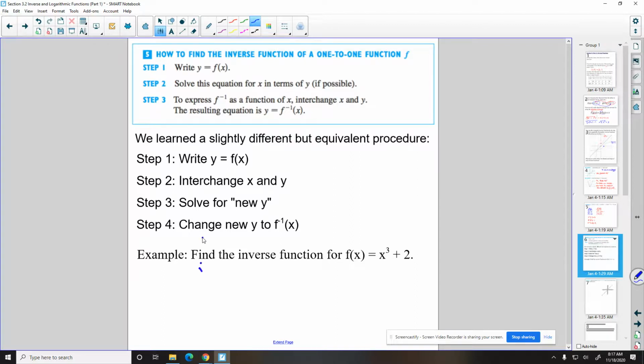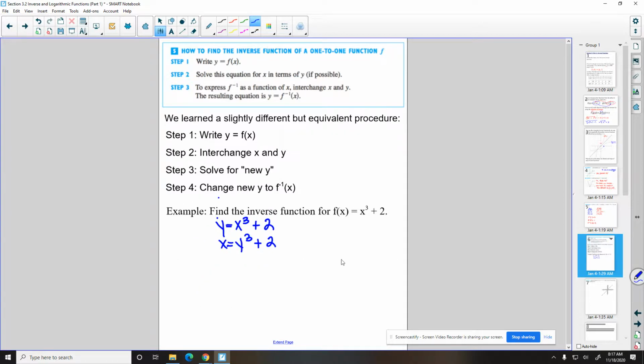So we're finding the inverse for x cubed plus 2. The first step would be to switch the x and the y, because the x and the y values switch on an inverse function, don't they? Remember the ordered pairs and how they flip? The next step would be to solve your equation for y. So I would need to subtract 2. That's going to give me x minus 2 equals y cubed.